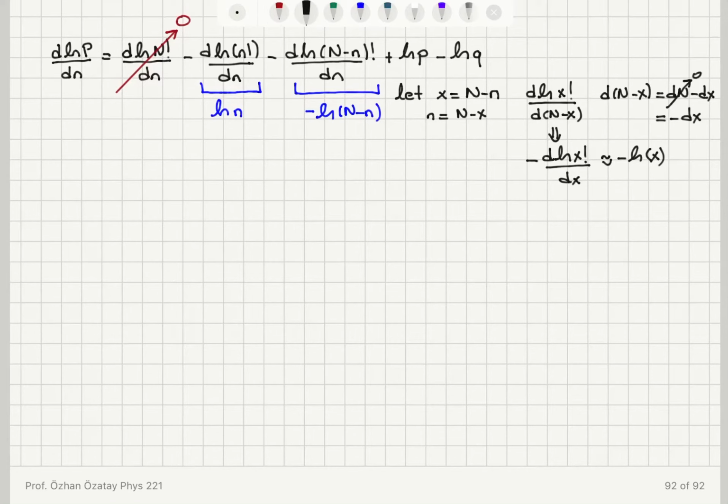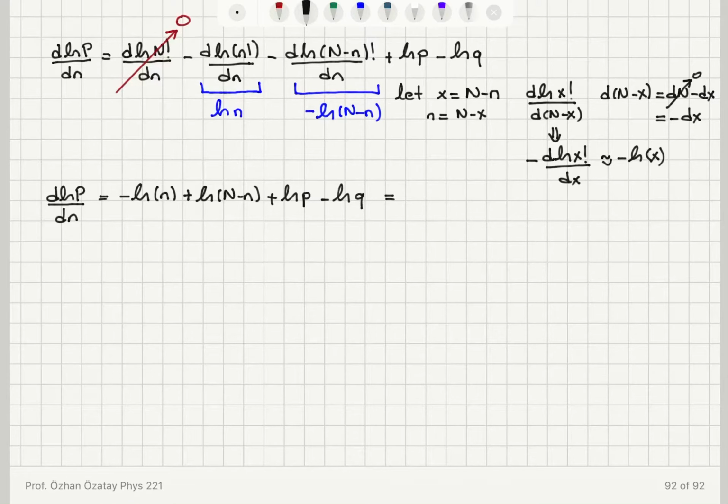So if I write this once again down here, the derivative of natural logarithm of p with respect to n is minus natural logarithm of n plus natural logarithm of capital N minus n plus n ln p minus ln q.